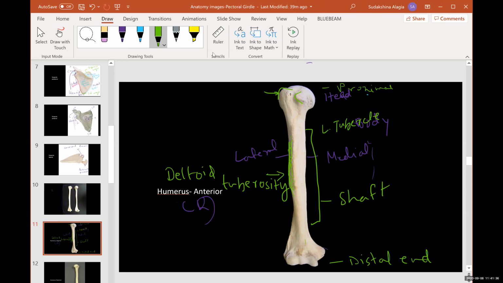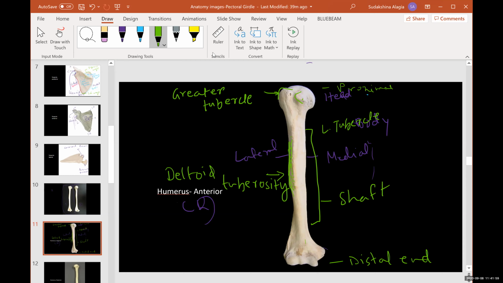So that's referred to as greater tubercle. That's why it's called greater, because it's above. If you ever get a chance to look at a humerus or plastic replica, size-wise, this is actually larger, but the name is based on where it is. Greater tubercle.